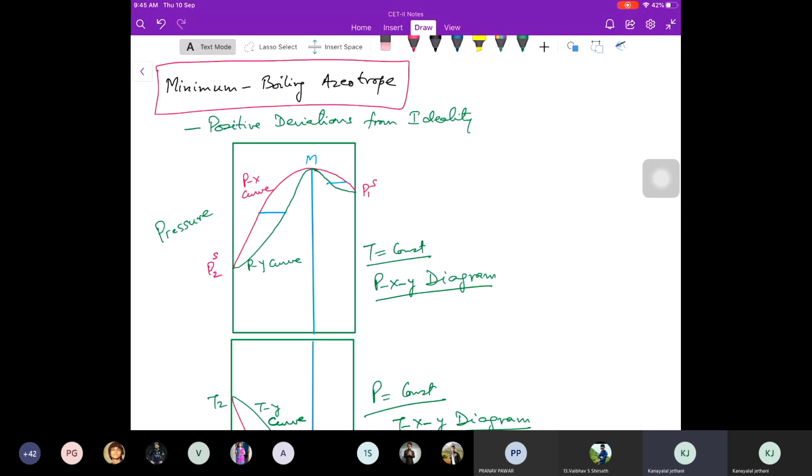Look, positive is actual more than ideal, so it will be convex.